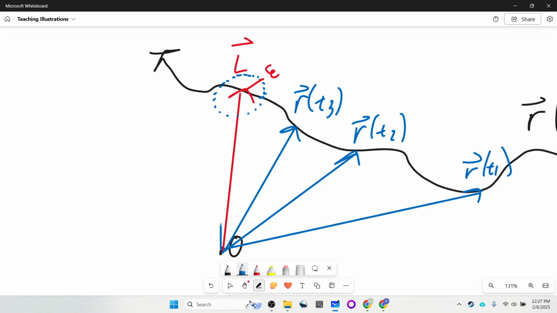And this might be r of a plus delta. Maybe a little to the other side would be r of a minus delta. So we're saying as the t, the time, is close to a, delta some small time interval, is it true that the vectors will be inside this bubble?